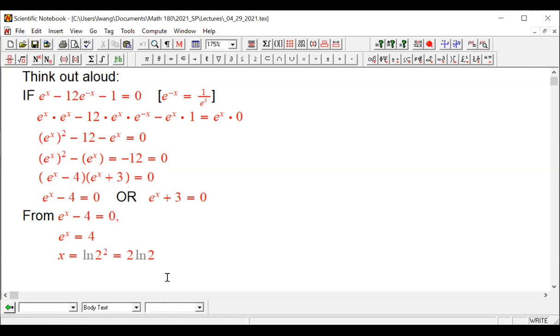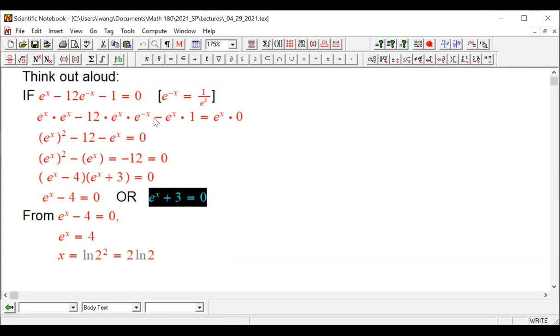Even though ln 4 is a solution, oftentimes this form is preferred. You're not going to lose or gain many points either way, but knowing it and being able to do it easily, that's the key.